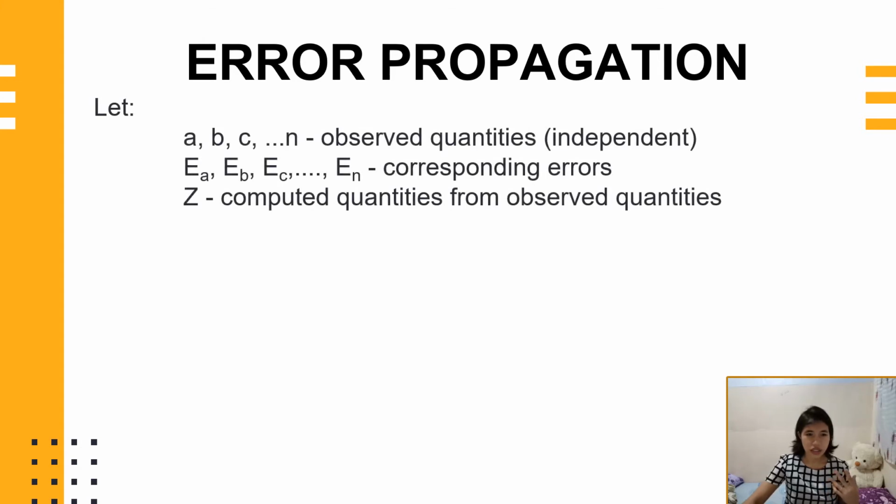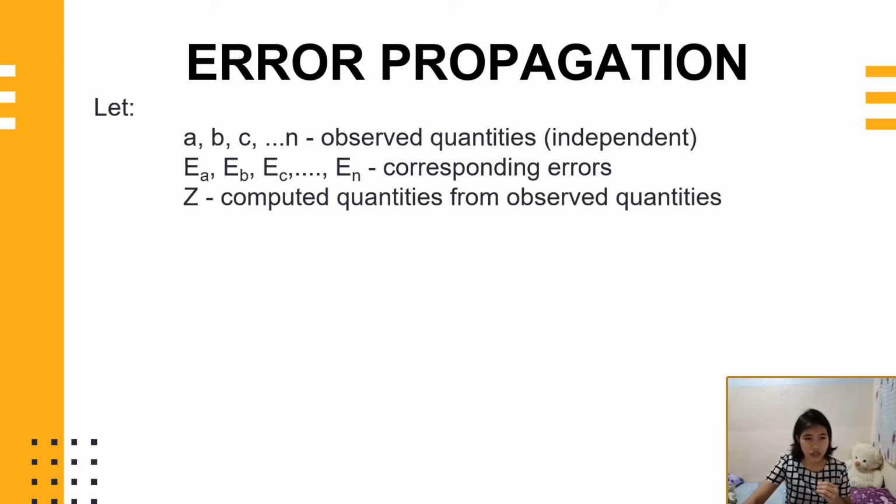So, this is the error propagation. Let A, B, C, and so on be the observed quantities which are independent. Ito yung ating mga length and the width, for example, na na-observe na quantities. The distance and the angle, those are examples of the independent quantities, yung na-observe natin on the field.